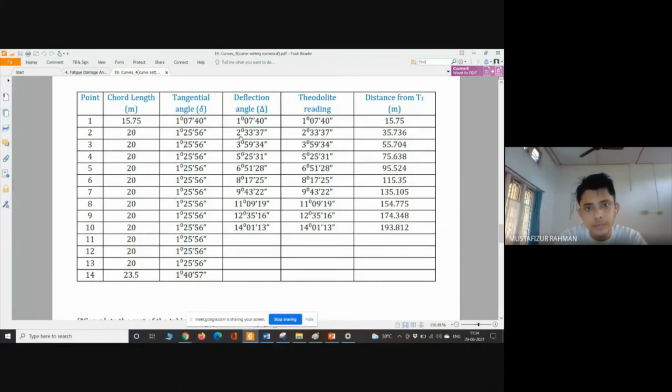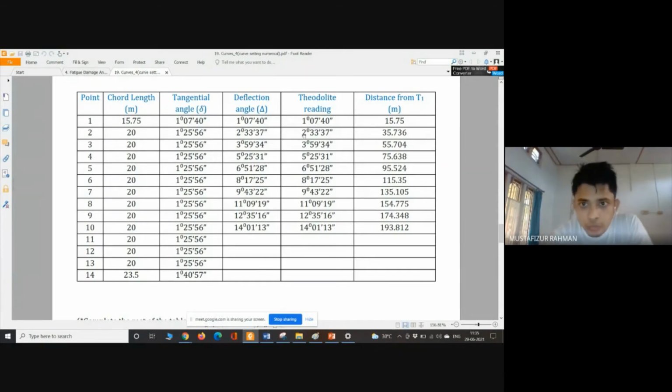We got this value. Then the third value will be what? This second value, capital delta 2, plus the small delta 3. That will be added, and this will be our resulting deflection angle to be given from T1 point. Okay, this way we can go on just adding up.